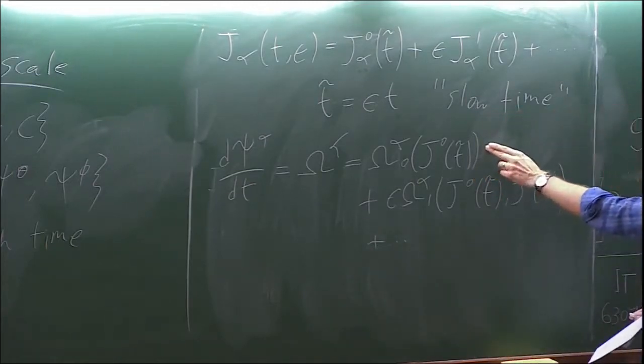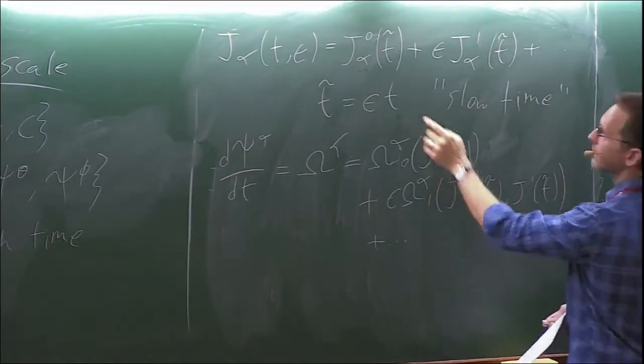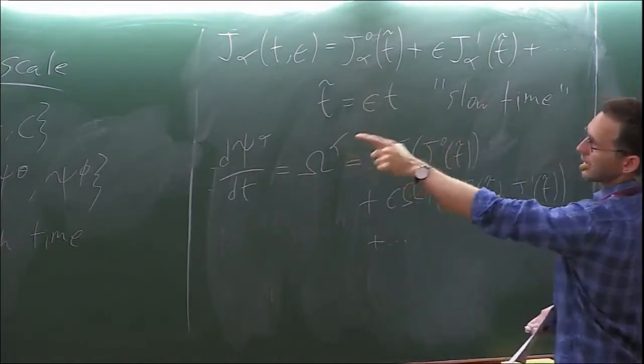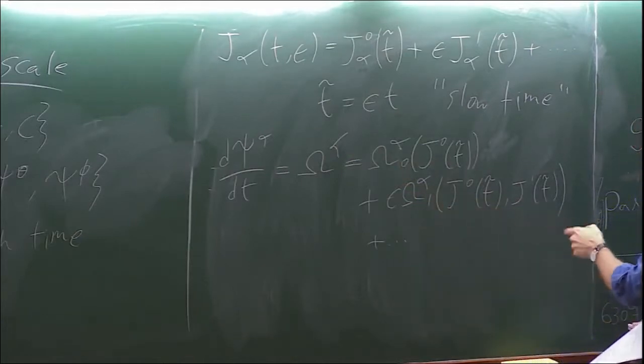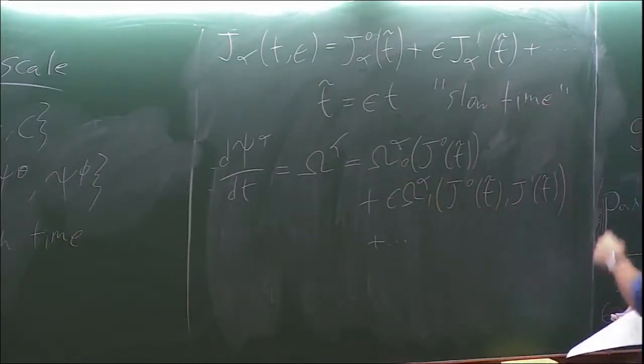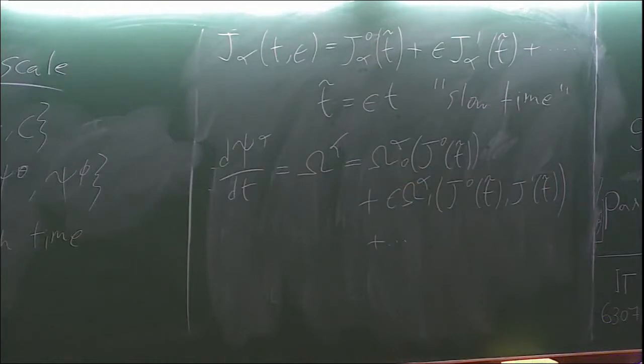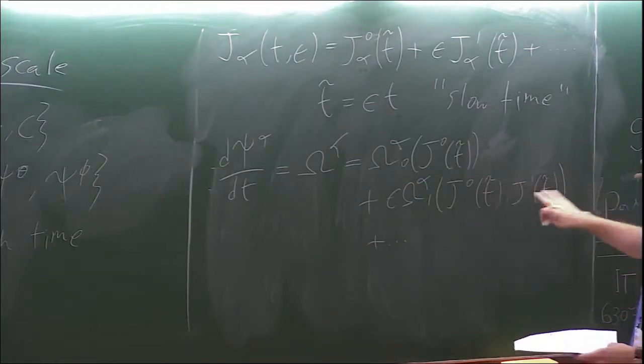So we have a 0th order frequency that only depends on the 0th order E, L, and C. Then we have a correction to that frequency that depends on the correction to the constants of motion E, L, and C. And everything's evolving on the slow time scale.